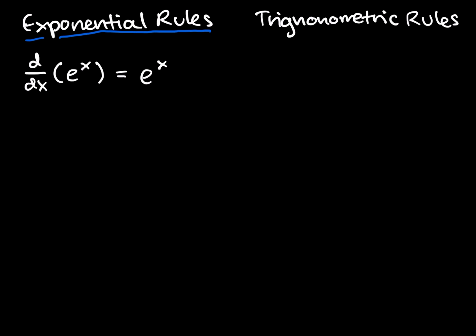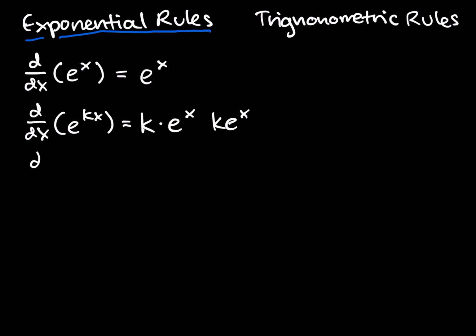Now, how do we find the derivative of e to the kx, where k is any constant, say like 4, 3, 2, pi even, any constant? That just means we will end up with k times e to the x, or simply k e^x.